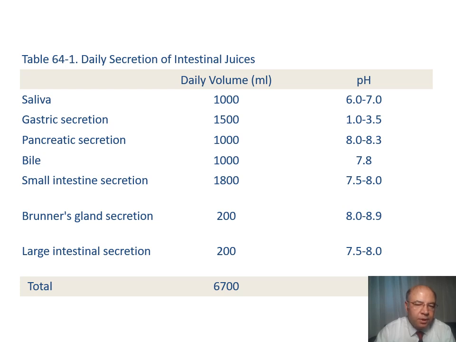Brunner's gland secretion and large intestinal secretion, they are about 200 milliliters per day, and then they are also alkalic. So in a day, our gastrointestinal system secretes about 7 liters of secretions to the intestinal lumen in a day.